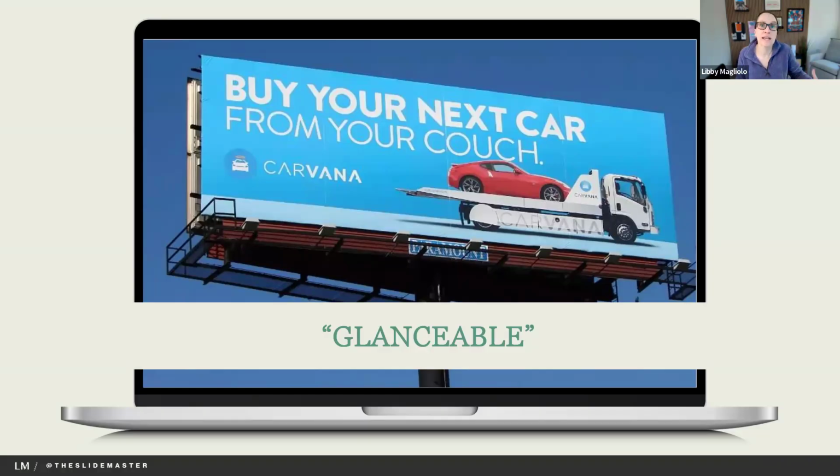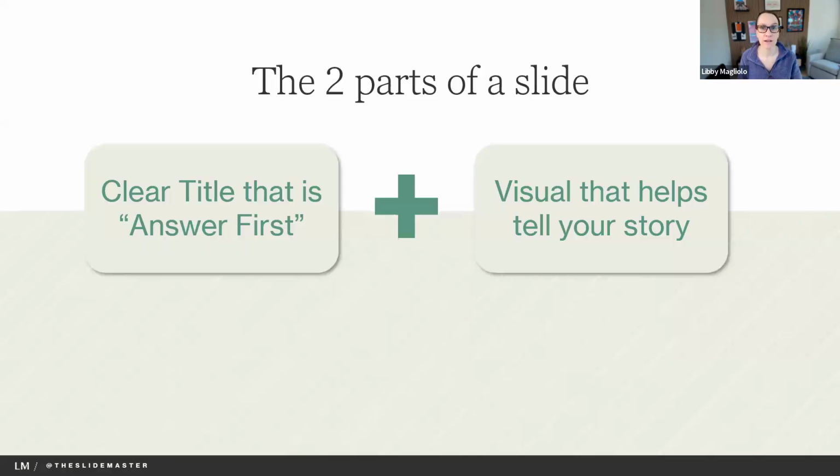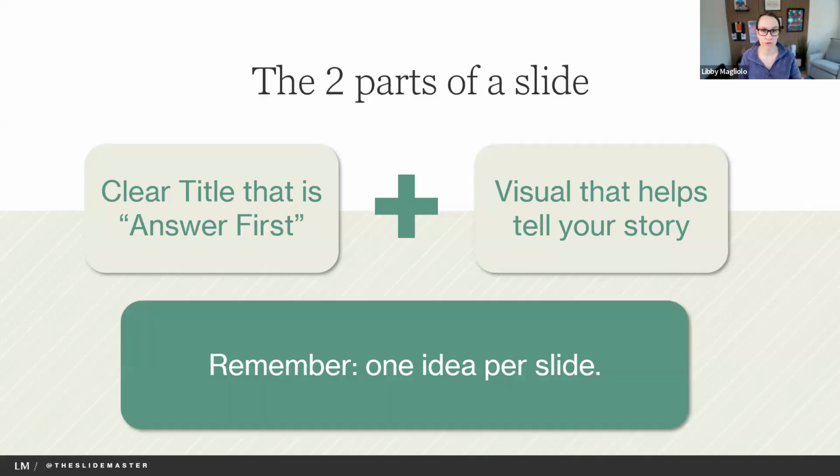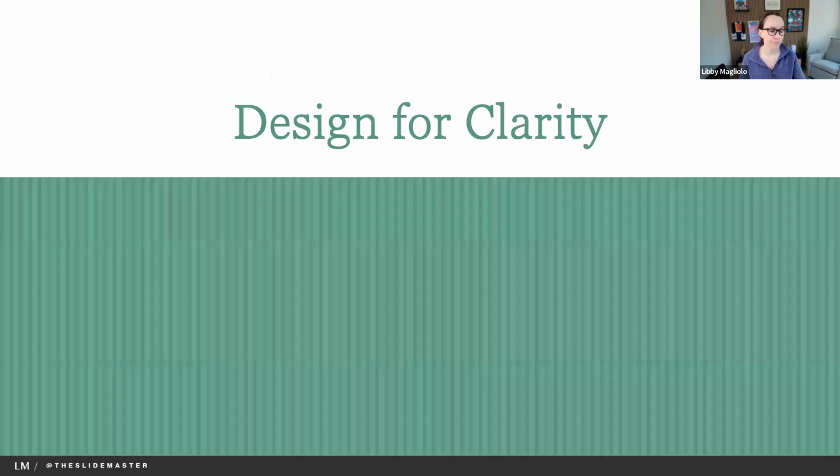Can your audience just glance at the slide and understand the takeaway fairly quickly? So remember, all you need for a great slide is a clear slide title that's answered first, and then a visual that helps tell your story. And remember, like a billboard, we need one idea per slide. Every slide should communicate one core idea.